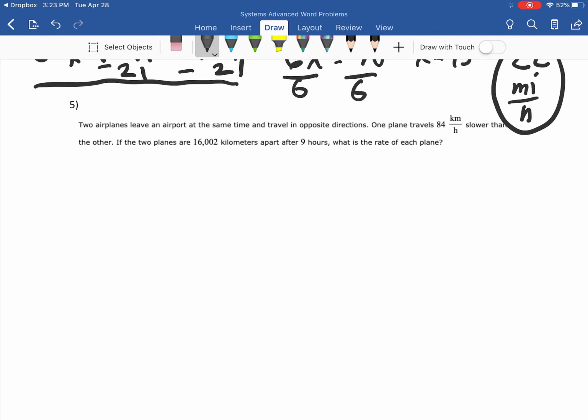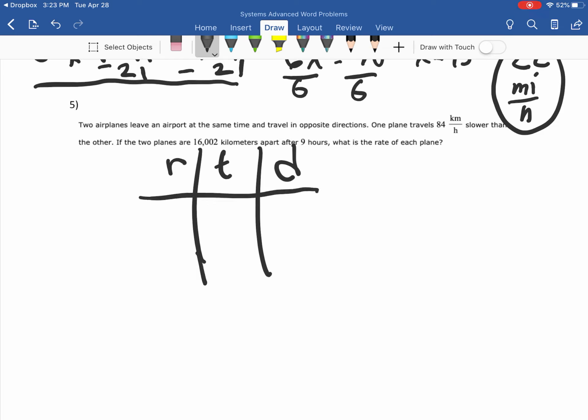All right, last one. So RTD. 2 airplanes leave an airport at the same time and travel in opposite directions. One plane travels 84 kilometers per hour slower than the other. Okay, so kind of the same thing as before. The 2 planes are 16,002 kilometers apart after 9 hours.